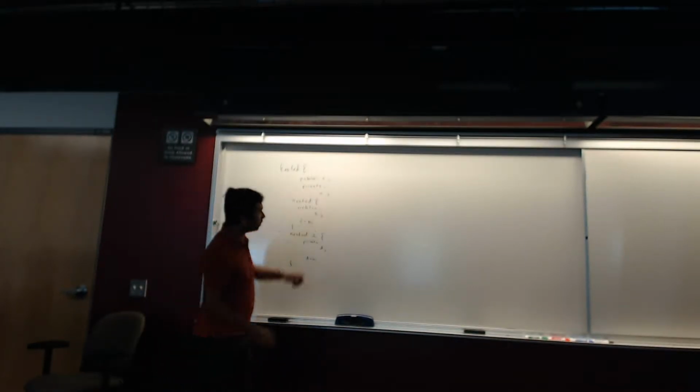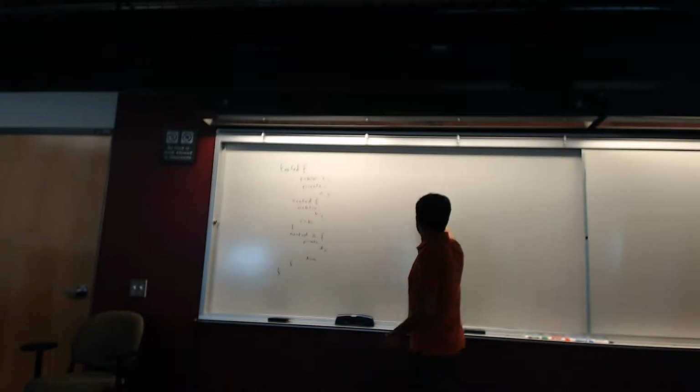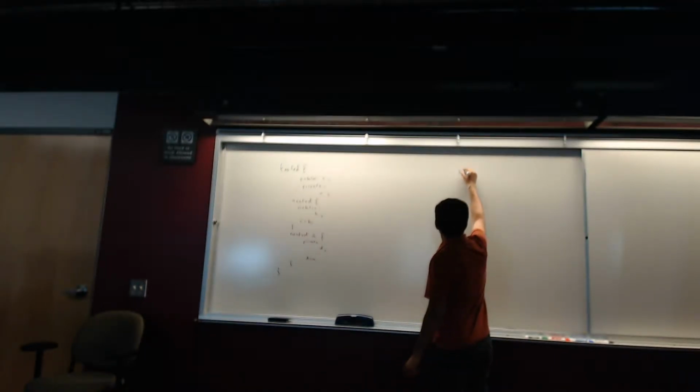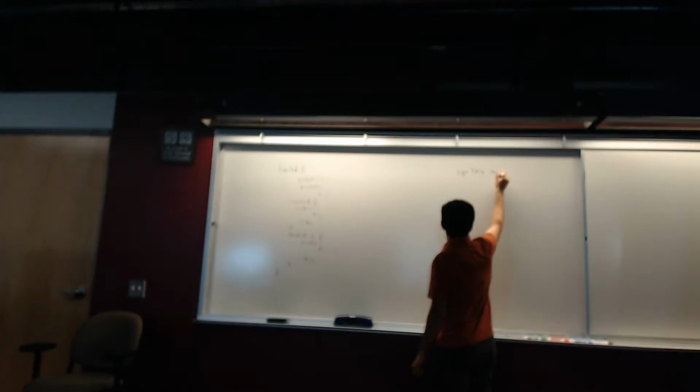Whenever you have a variable declaration, you have your symbol table. So in the symbol table, you have a symbol table item, right? What is that item?